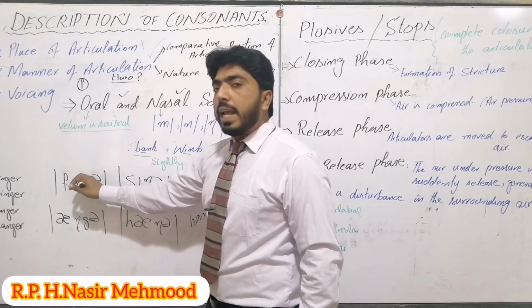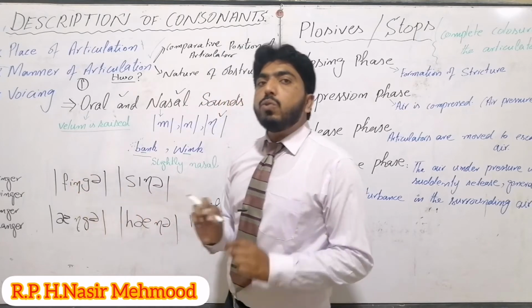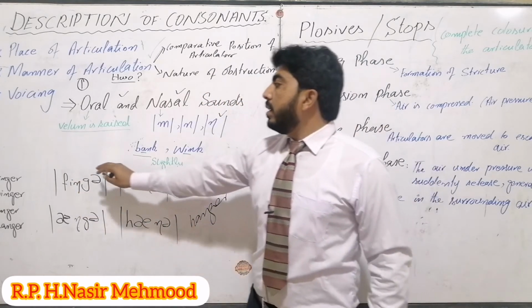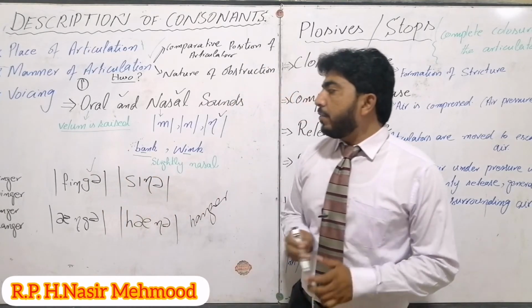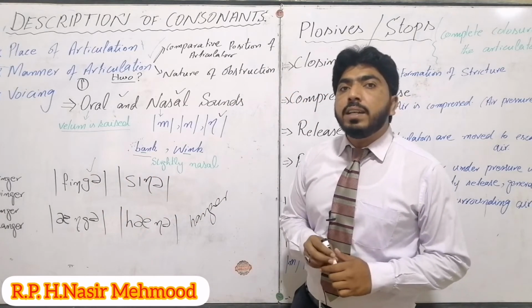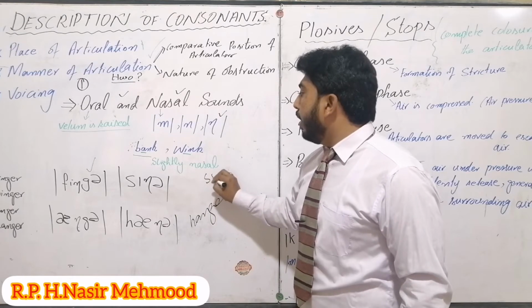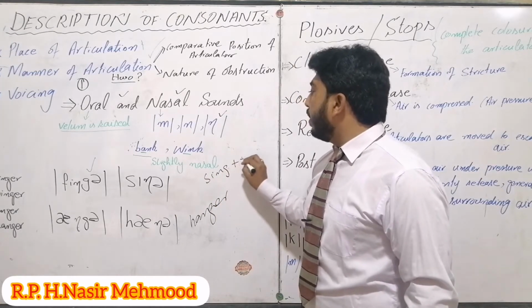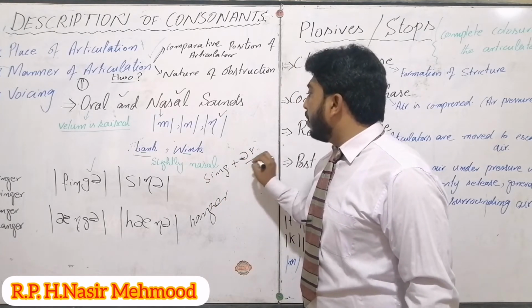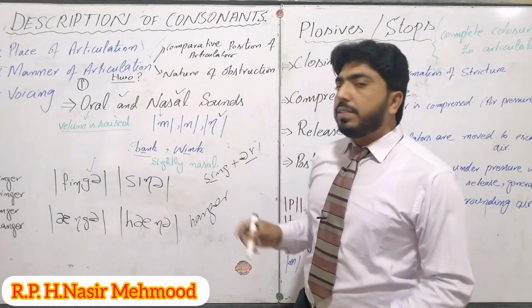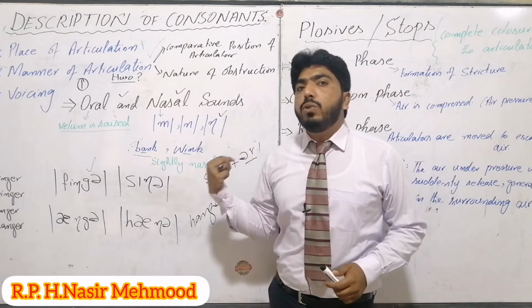Finger cannot be divided further into smaller units. This is a single morpheme. But as far as the word singer is concerned, it can be divided into sing and another morpheme, er. This is the combination of two morphemes.